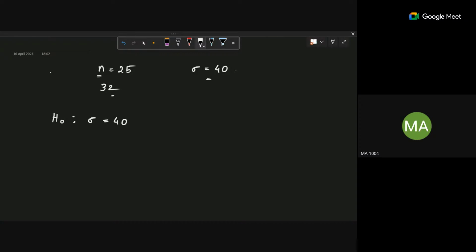Fine. So what will be our alternative hypothesis then? Less than 40, ma'am. Less than 40. Okay, how did you decide less than 40? Because it is expected in the question that it is not 40.